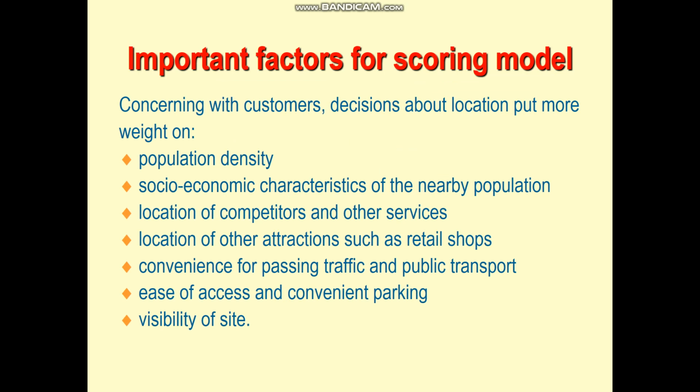But if our concern is the customer, we want to locate the facility nearer to the customer, we have to consider more of those factors that are population density, location of competitors and other services, also location of other attractions such as retail shops, visibility of the site, or the convenience for passing traffic and public transport, and so on and so forth.